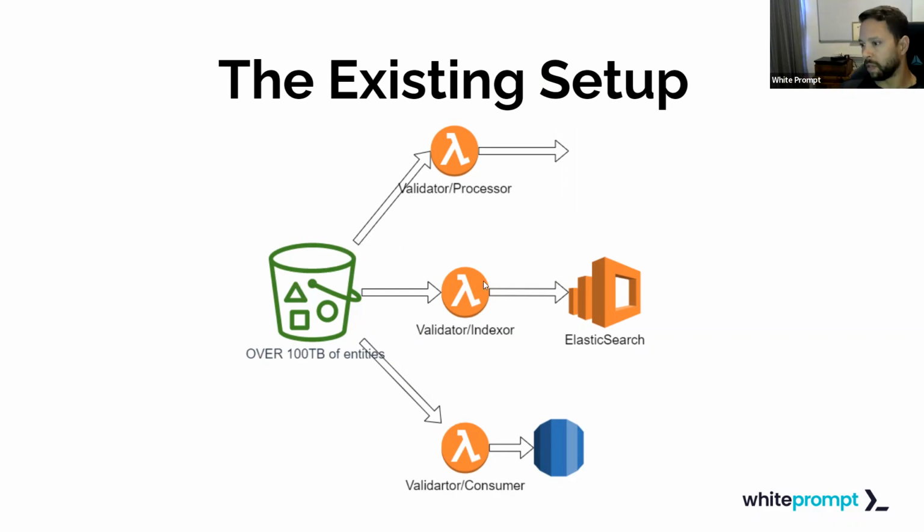One would process, another one would index to Elasticsearch, and the other one would consume into an RDS. You can see already from this diagram that there's replication of validation. Excuse the typos. But anyways, there's replication of steps. And so here are some of the challenges that we encountered.